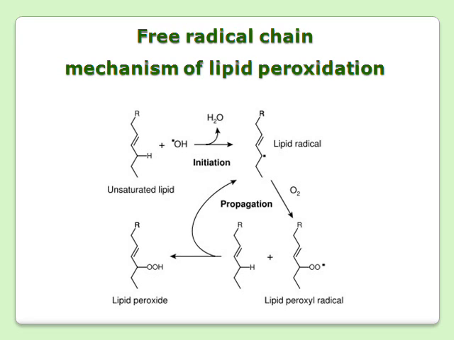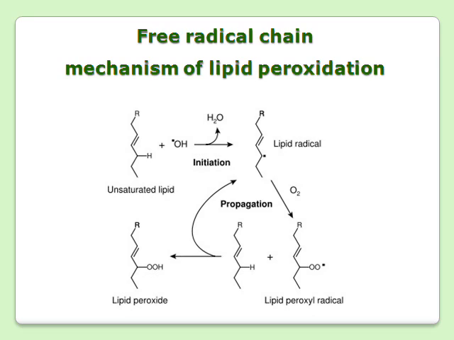When this radical is formed, if there's any oxygen there at all, there's an extremely rapid, practically diffusion-controlled reaction with molecular oxygen from the air. The product of that reaction is the lipid peroxyl radical. The lipid peroxyl radical can also abstract the same kinds of hydrogen atoms from the unsaturated lipids.